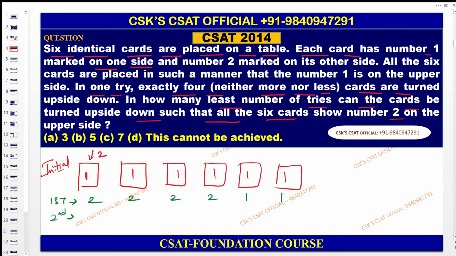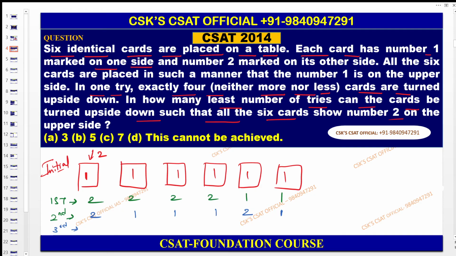Then you keep one as a 2 here, another one here, and the last one also here. Now flip the center 4. Then it becomes 1, 1, 1, and here 2.